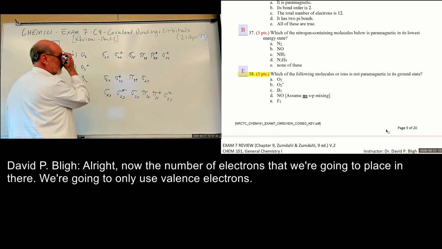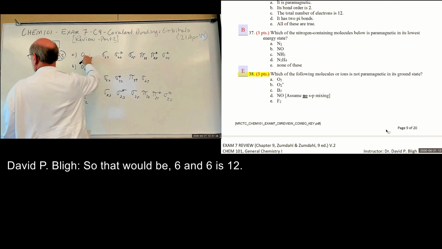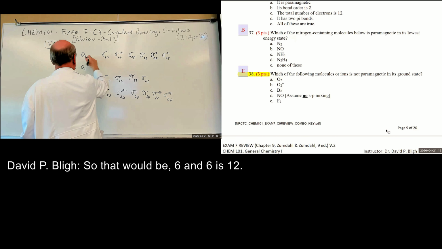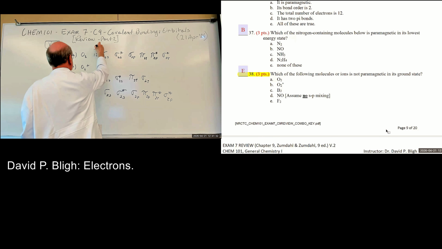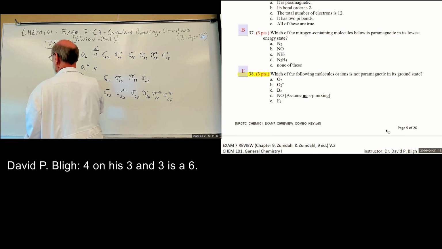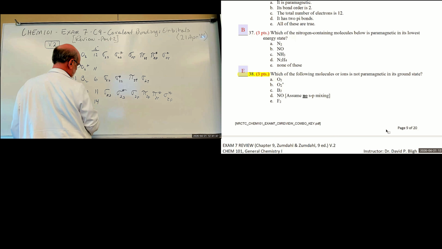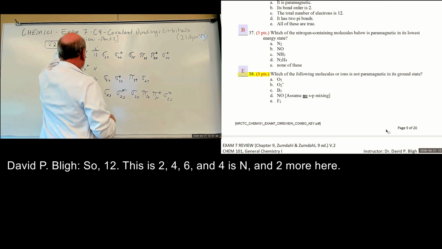Now the number of electrons that we're going to place in there, we're only going to use valence electrons. So that would be 6 and 6 is 12 electrons. This will be 12 minus 1, so that's 11. Boron here is 3 and 3 is 6. Nitrogen is 5 and 6 is 11 here. And then fluorine has 7 and 7 is 14. Okay.